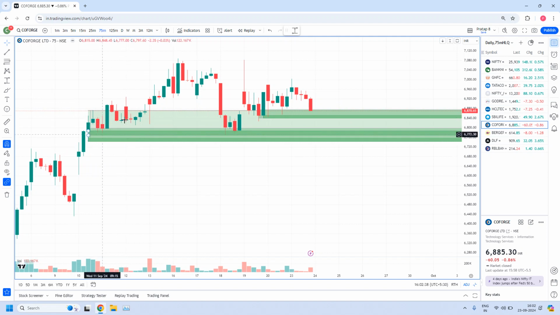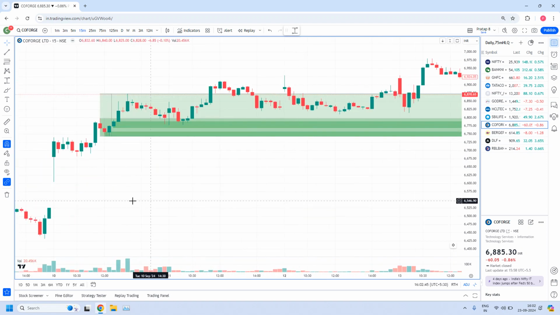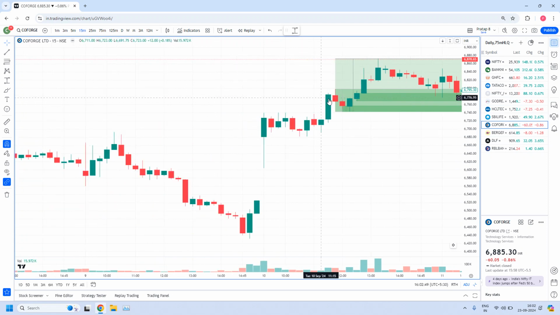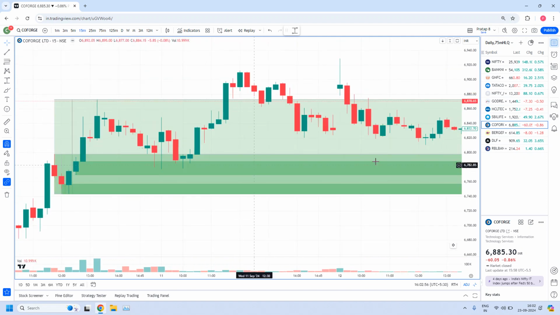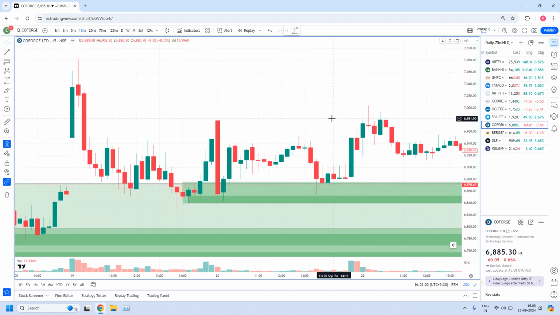This 75 minute zone is fine-tuned with the 15 minutes time frame. In the 15 minutes time frame, I have a rally candle, 1, 2, 3, 4 base candles, and then a rally candle. Rally, base, rally. And also one more 15 minute zone here.